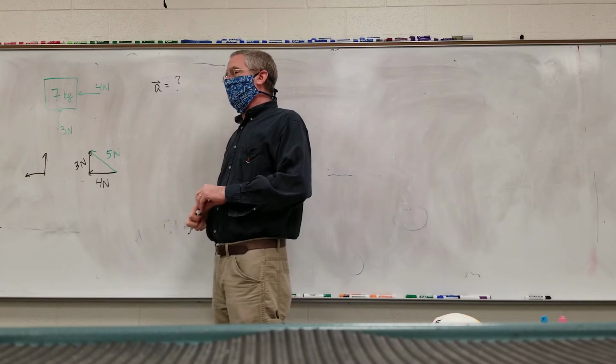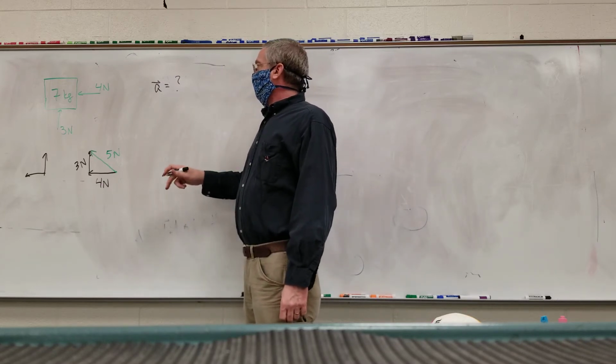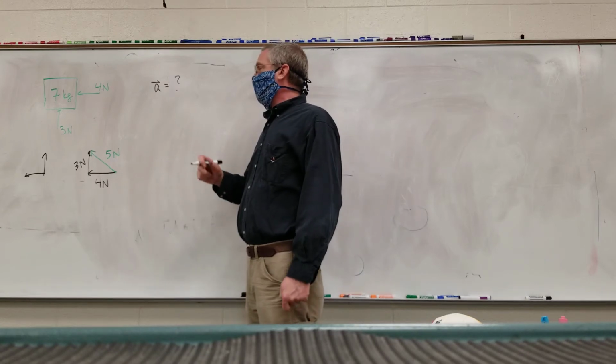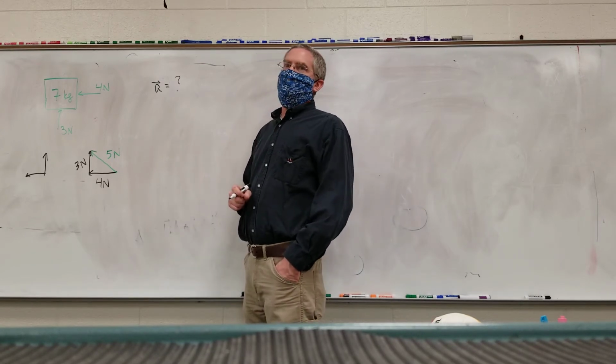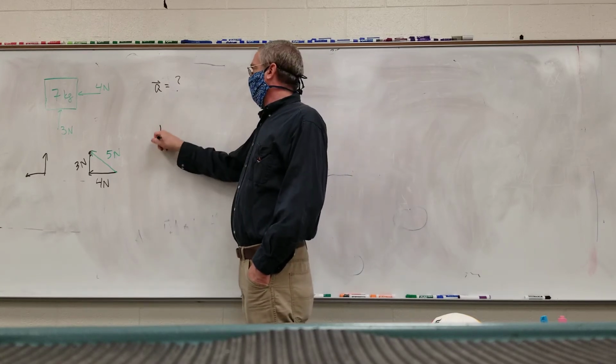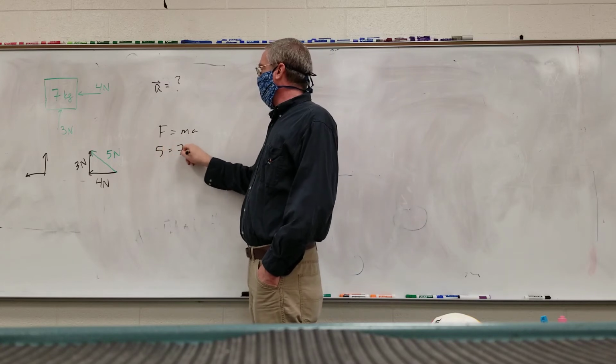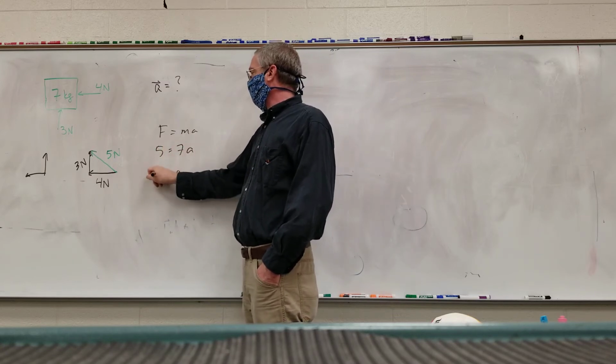We do have another issue here, but let's run with this for a second. So now, what is the acceleration? 5 divided by 7. So if I plug into F equals ma, I have 5 is equal to 7 times a, so a is 5/7.